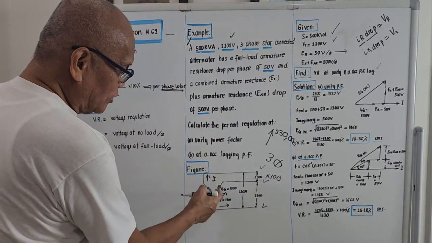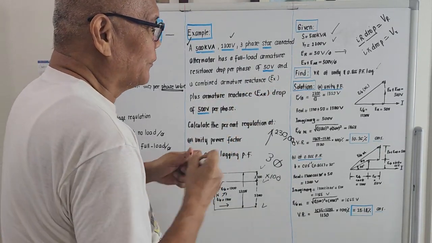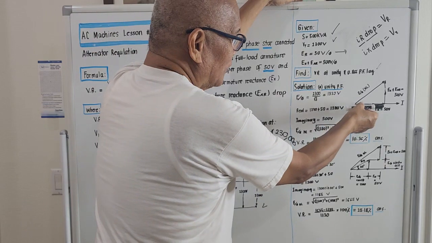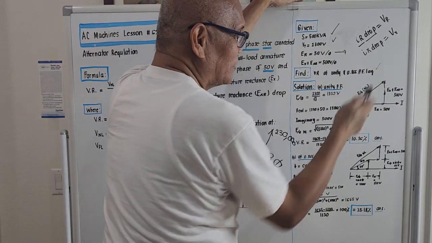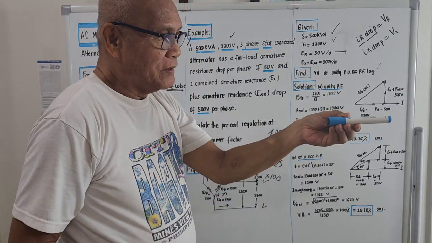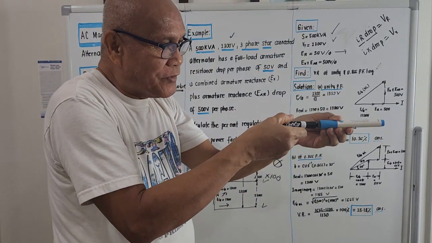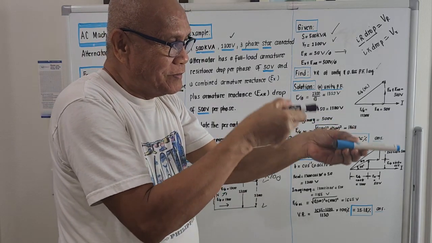And the relation of the phase voltage and current for a unity power factor: this is the voltage per phase, this is the current. At unity power factor, if this is the current, this is the voltage, they are in phase. There is no angle between them.